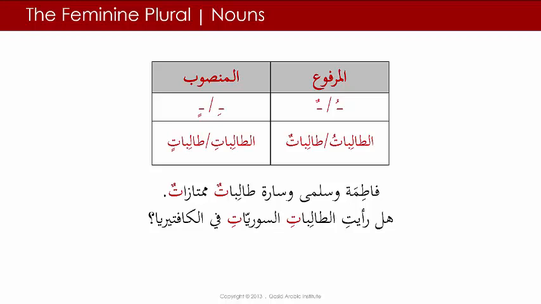So here, you need to know that talibati actually indicates that it's the object of the verb. And then the majrur case is normal because after a preposition we have kasra, which is the norm. So kunna ma'a talibatin jadidatin. We were with new female students. Again, the kasra is the major sign of the majrur case for most nouns.